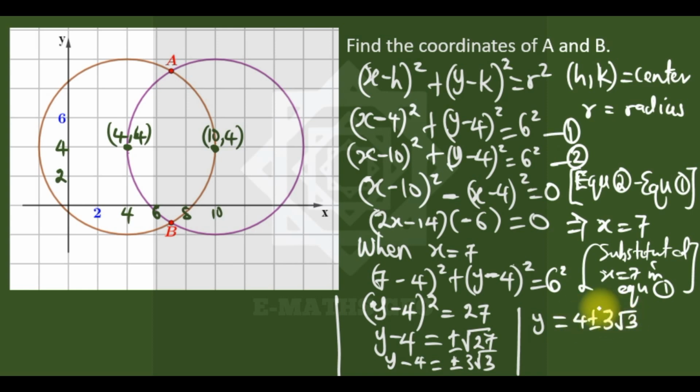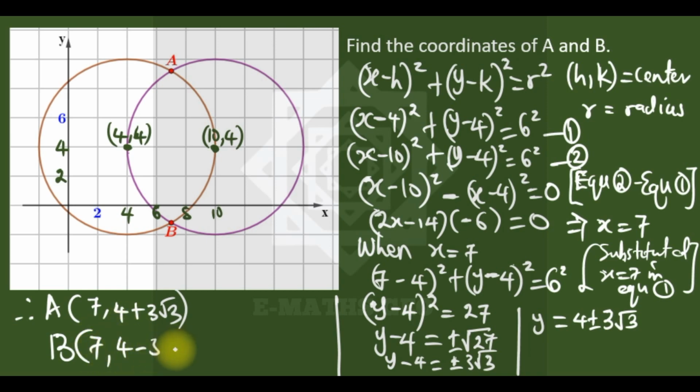Therefore, the coordinate of A will be (7, 4 plus 3 root 3), and the coordinate of B will also have x equal to 7, but here y will be 4 minus 3 root 3. So these are the coordinates of A and B. It's a nice and tricky question. Thank you.